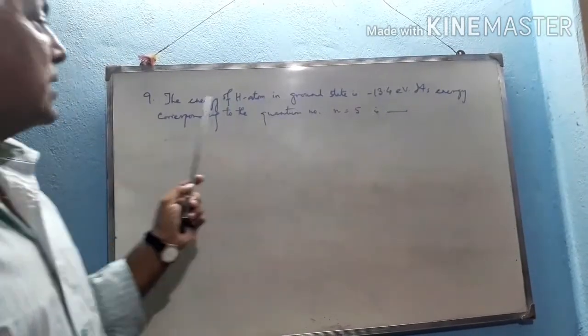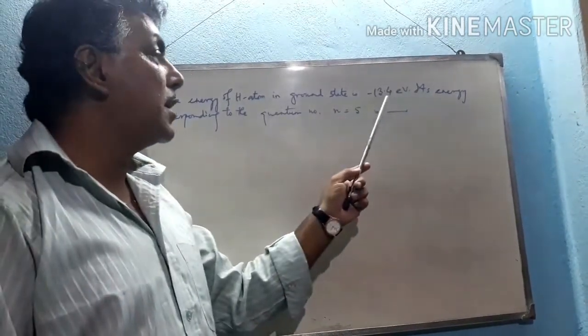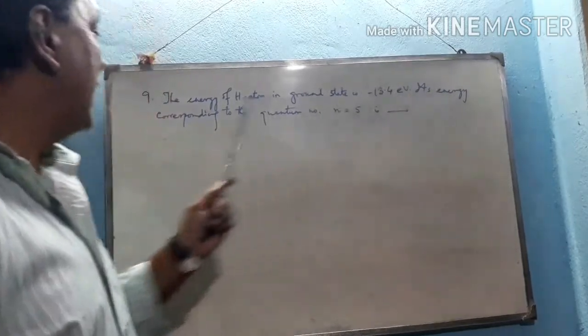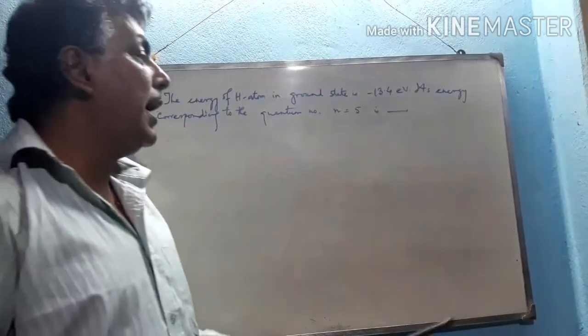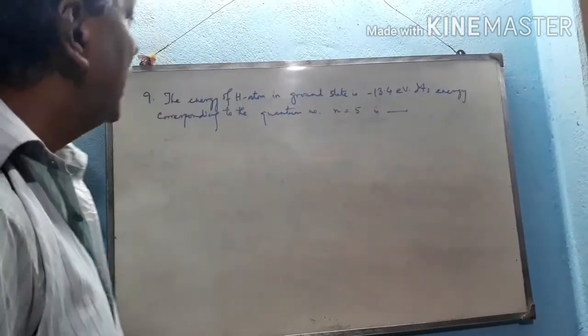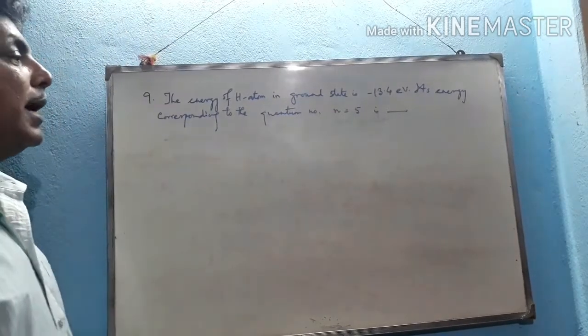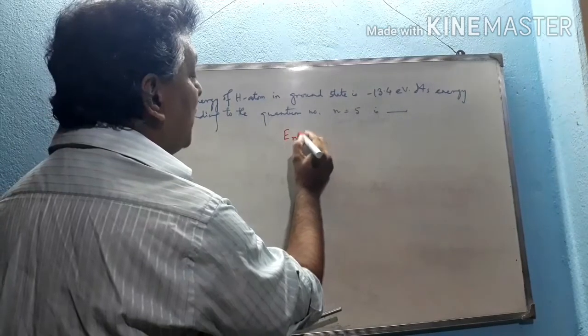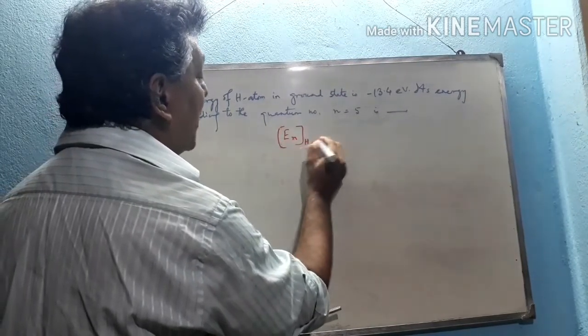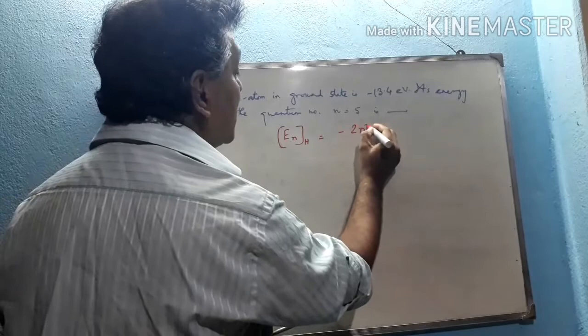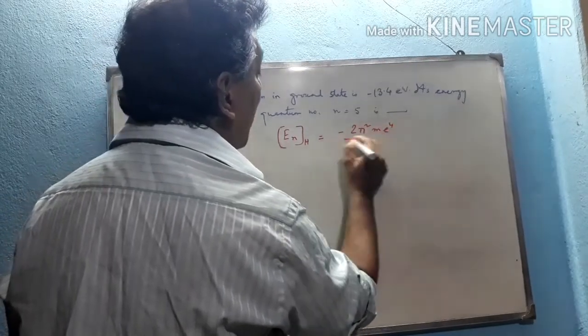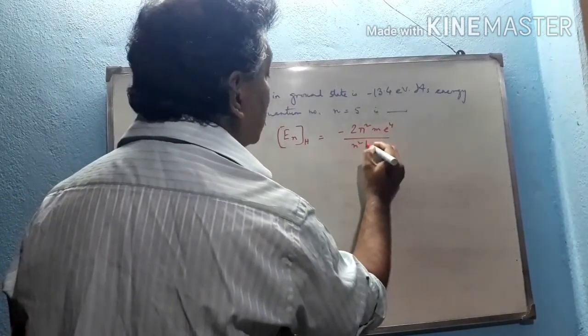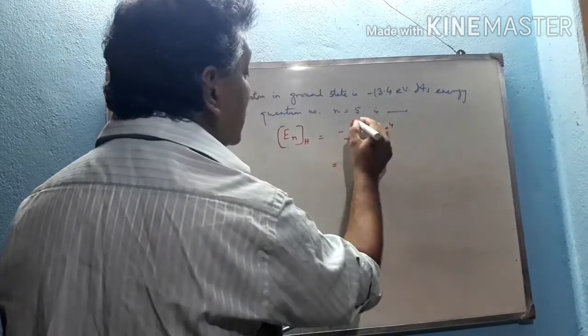Question number 9. The energy of hydrogen atom in ground state is minus 13.4 electron volt. Its energy corresponding to the quantum number n equal to 5 is. We know that for hydrogen atom, energy of the nth orbit of hydrogen atom can be expressed as minus 2 pi square me4 by n square h square. That means this is constant.